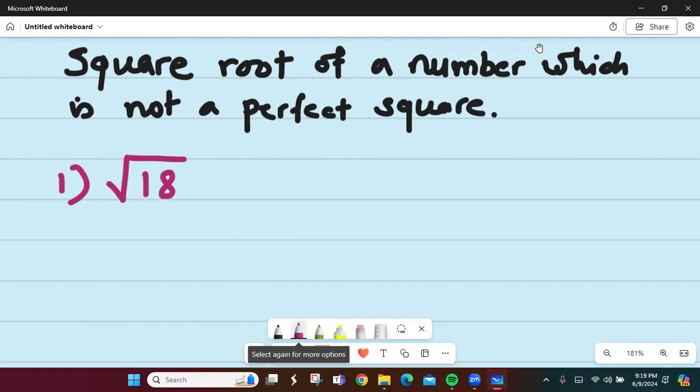Now for 18, the nearest perfect square is 4 square. 4 square is 16, that is less than 18.